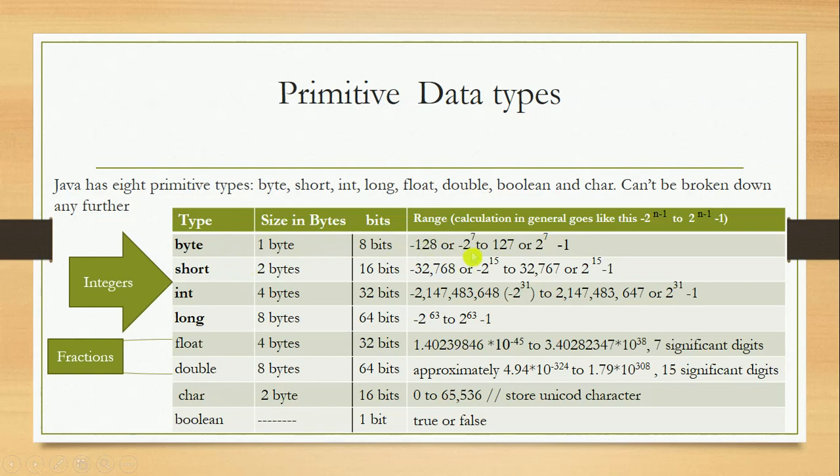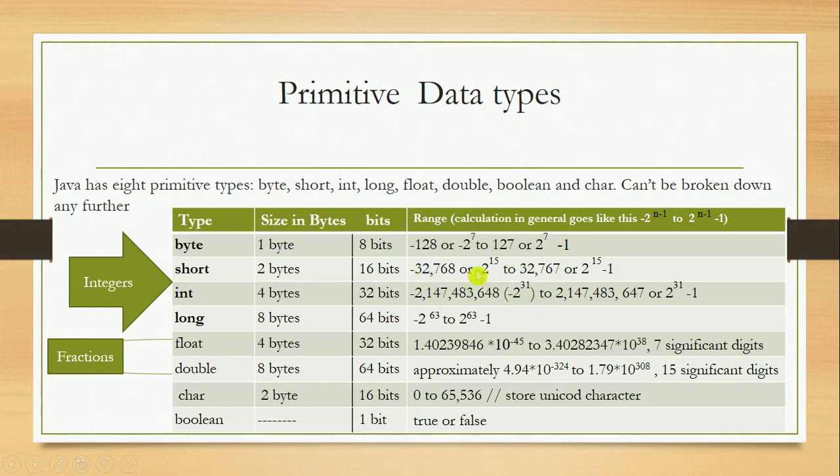If we have a value which is larger than this, then we might save it in short. Short consumes 2 bytes, which is about 16 bits, and the minimum value that we can store in short is negative 32,000, and the maximum value is about positive 32,000.